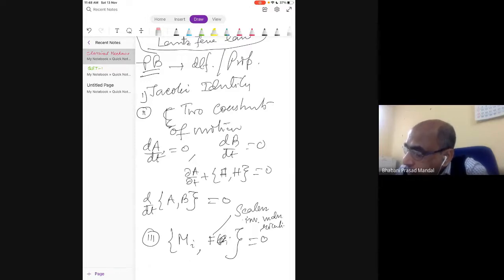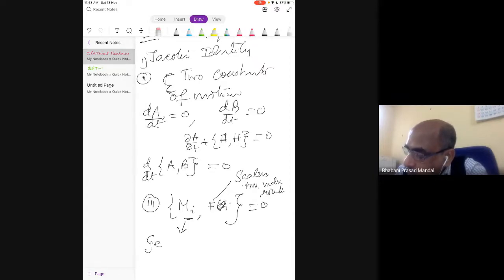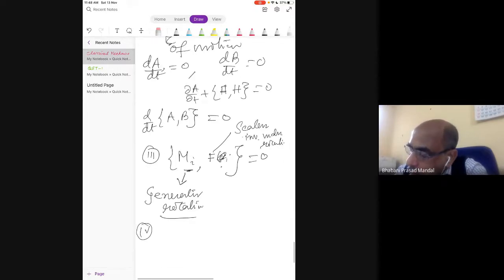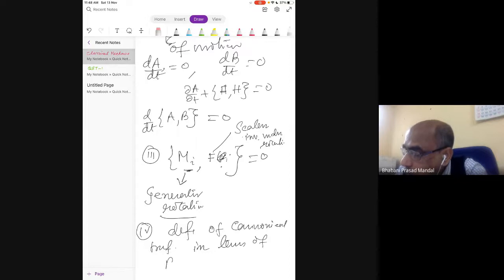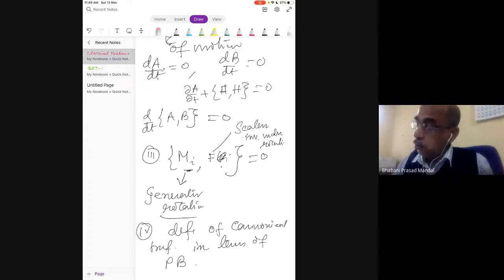Angular momentum is a generator of rotation, I think you know. Angular momentum generates the rotation, and the scalar is a constant under rotation. So this gives you a very interesting feeling. And then you should know the definition of canonical transformation in terms of Poisson bracket. These are all the things you're supposed to know in Poisson bracket.